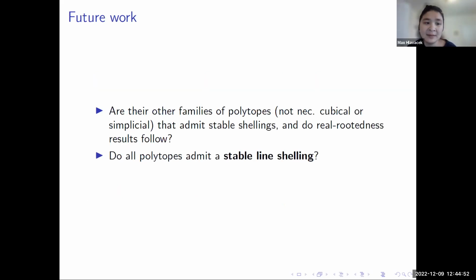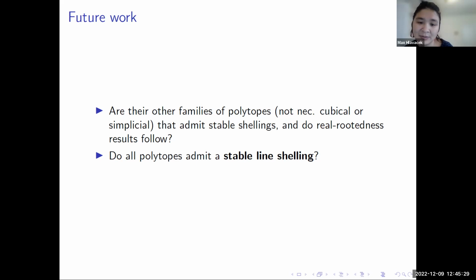My future work also includes the questions: are there other families of polytopes, not necessarily cubical or simplicial, that admit stable shellings? And from those stable shellings, can we get some real-rootedness results? And then the other question is, do all polytopes admit a stable shelling? Again, I don't have a counterexample to this, I don't know. In particular, it is true that the boundary complexes of all polytopes admit a shelling, and this shelling is called a line shelling.